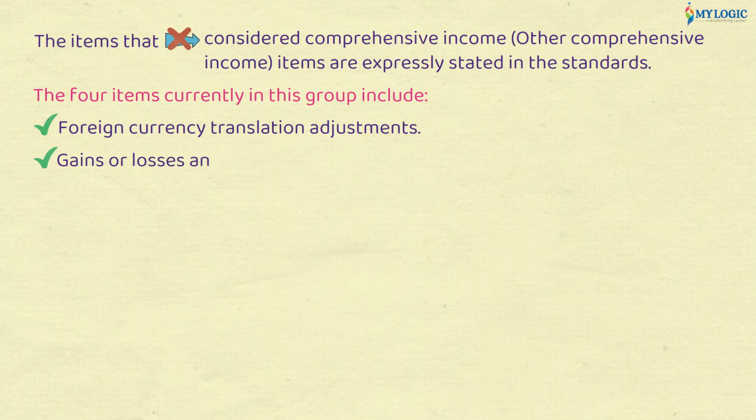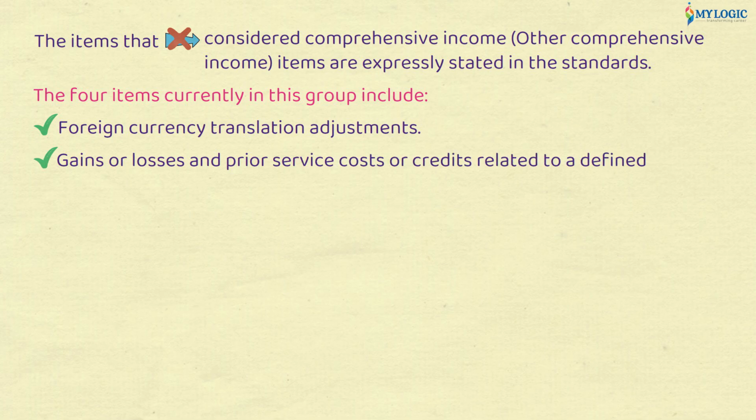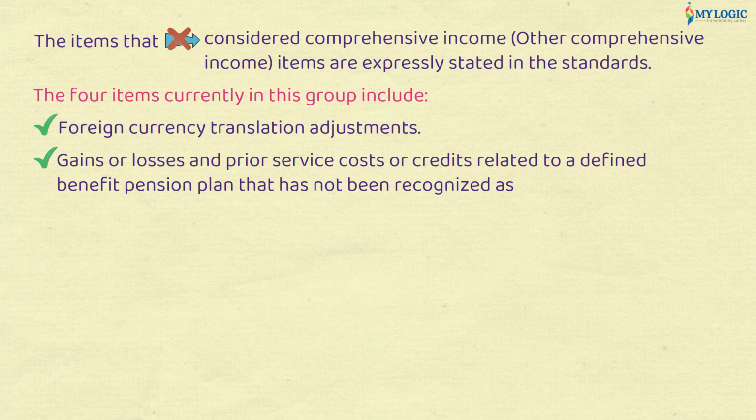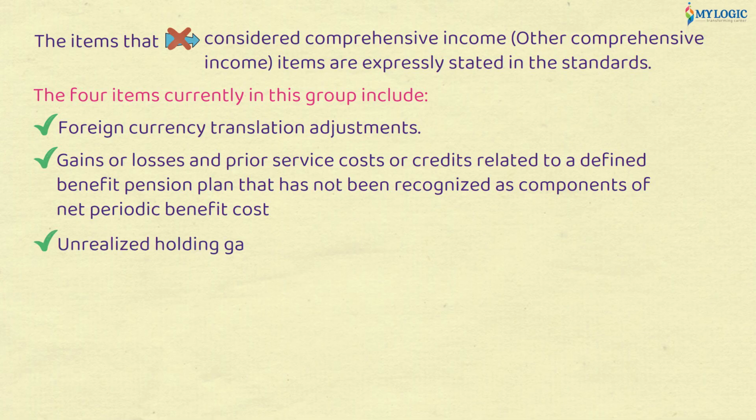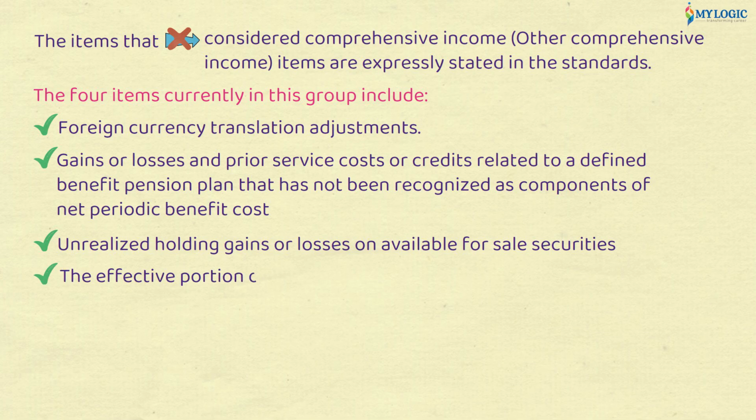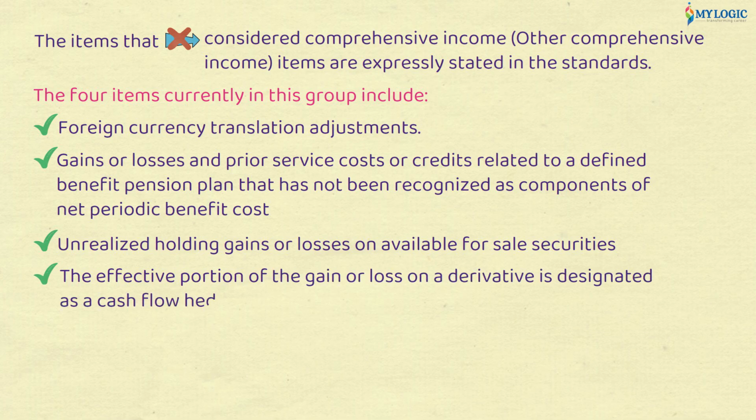Gains or losses and prior service costs or credits related to a defined benefit pension plan that have not been recognized as components of net periodic benefit cost. Number 3. Unrealized holding gains or losses on available for sale securities. Number 4. The effective portion of the gain or loss on a derivative designated as a cash flow hedge.